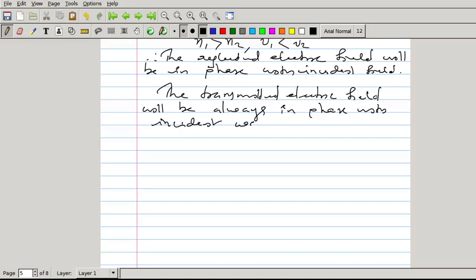So we can write the real amplitudes of the reflected and transmitted waves. E0R, the reflected real amplitude, we can take as modulus of (V1 minus V2) by (V1 plus V2), or (V2 minus V1) by (V2 plus V1), into E0I, the real amplitude.